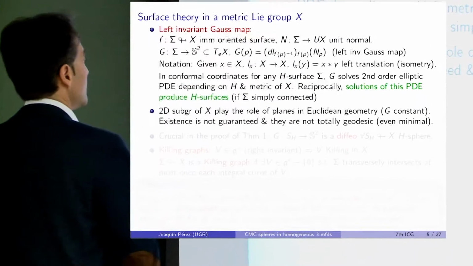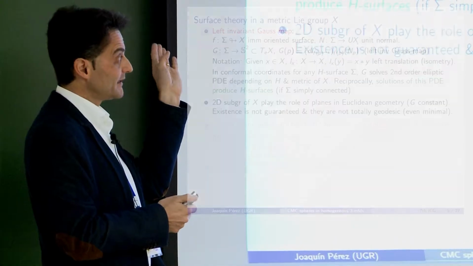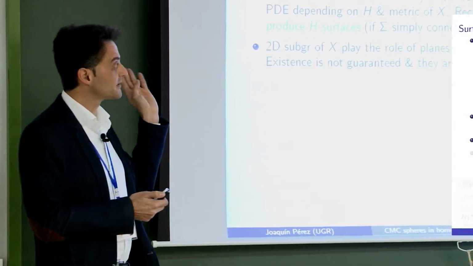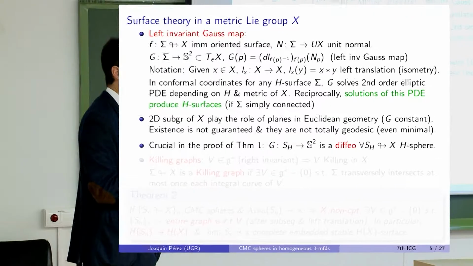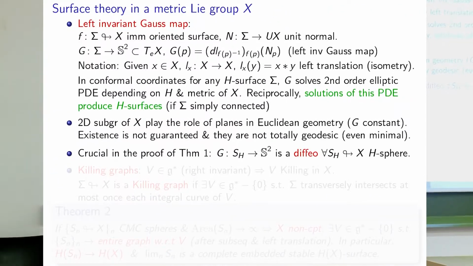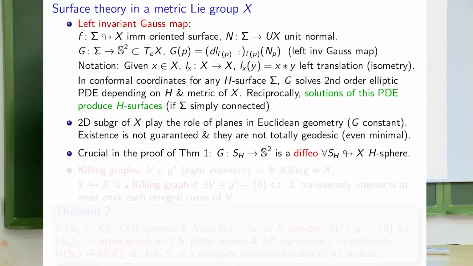Okay? And even maybe the two-dimensional subgroups are not totally geodesic, and maybe they are not even minimal. This can happen. You have examples of each of these. Very crucial in the proof, I will explain why.